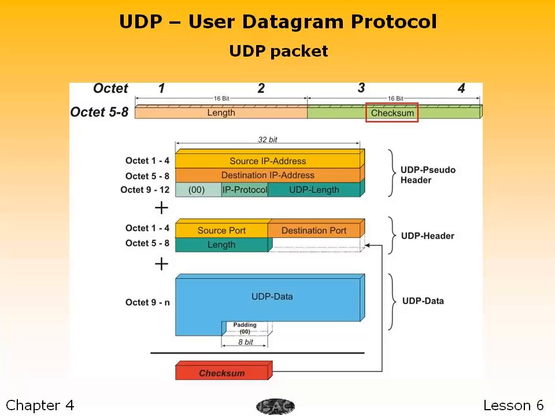A port is a software structure that is identified by the port number, a 16-bit integer value allowing for port numbers between 0 and 65,535. Port 0 is reserved, but is a permissible source port value if the sending process does not expect messages in response.